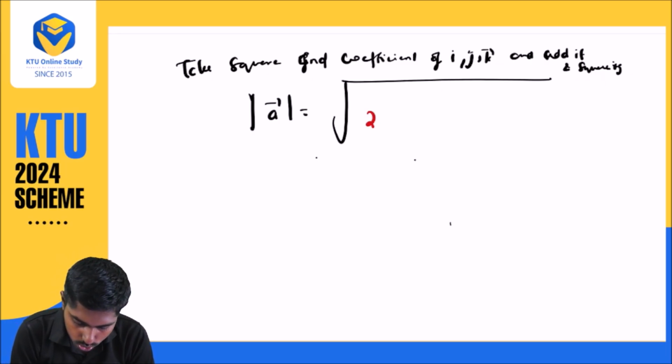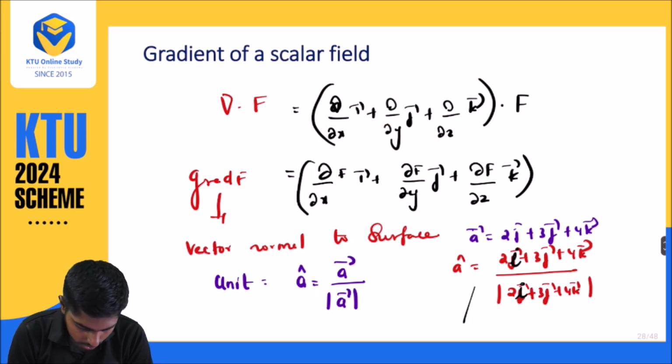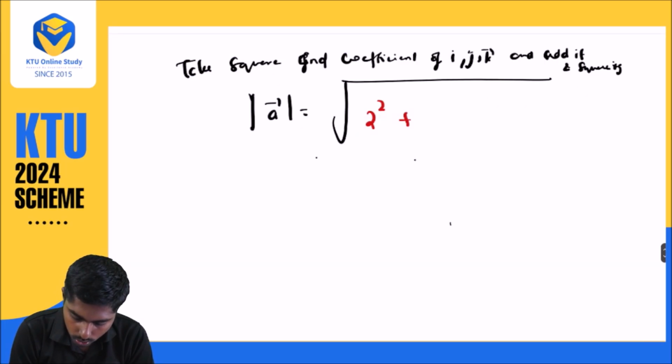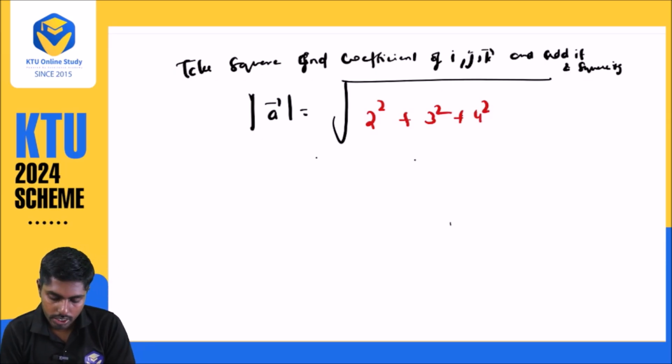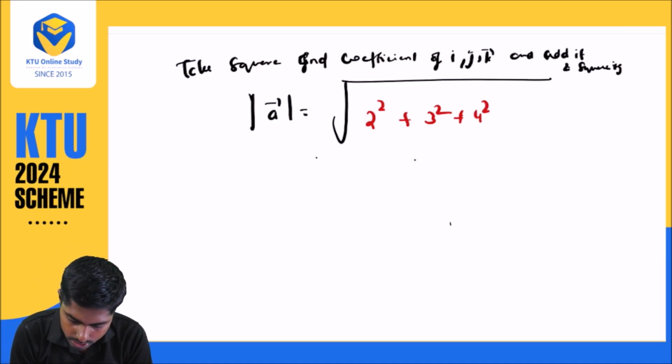Squaring means 2 square plus 3 square plus 4 square. I am taking the coefficient of each term.